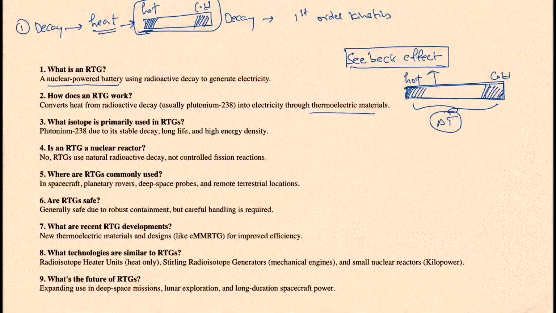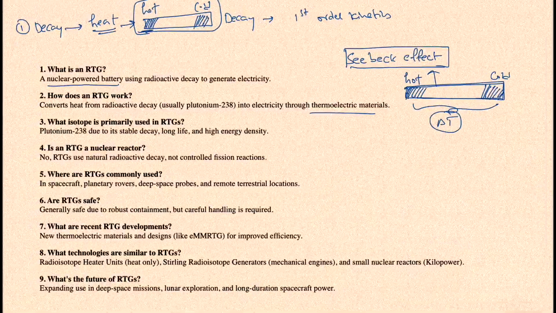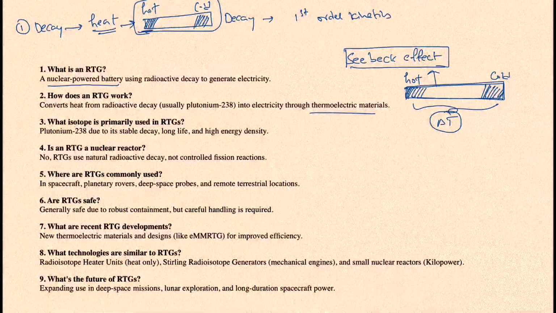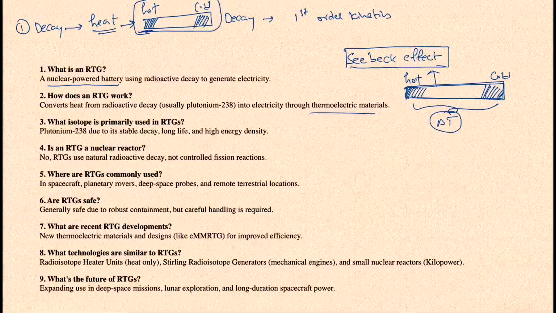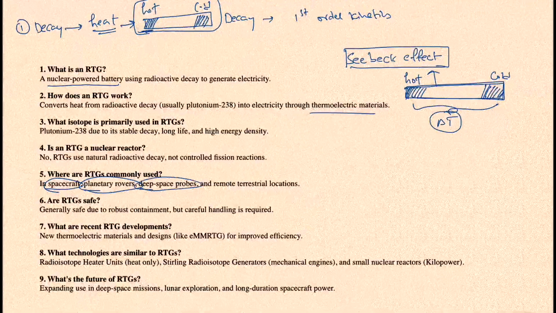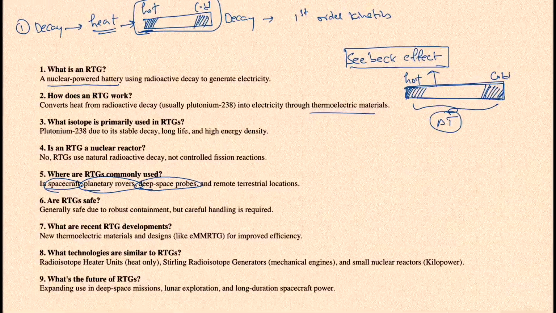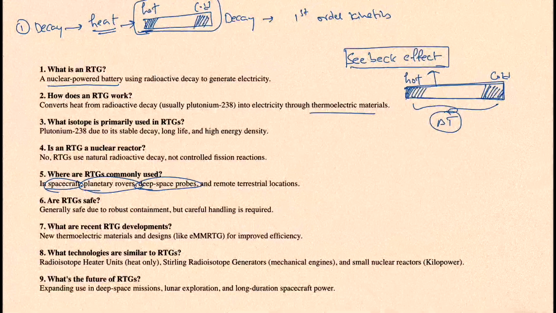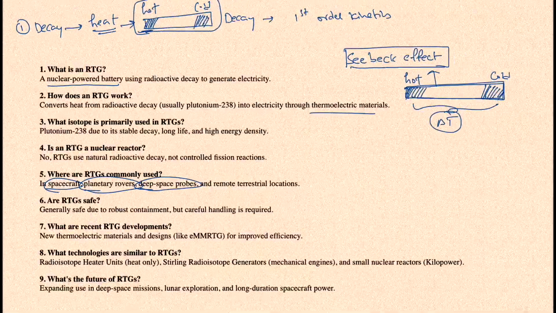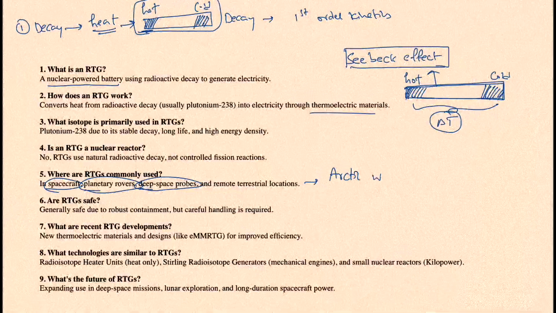What are the various applications of these RTGs? Number one, it is used for deep space missions, that is in spacecraft, planetary rovers, deep space probes, etc. Not only space, even in terrestrial locations, these can be employed in remote or distant areas. For example, let's say there is an Arctic weather station.